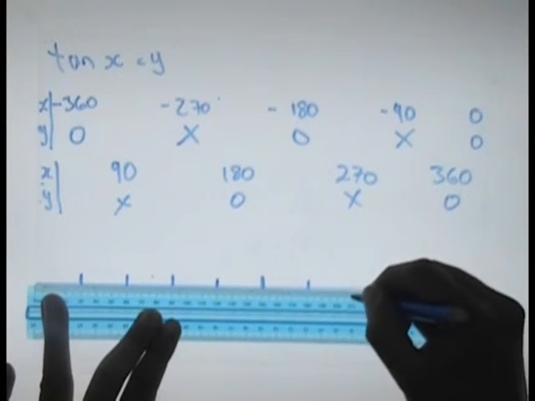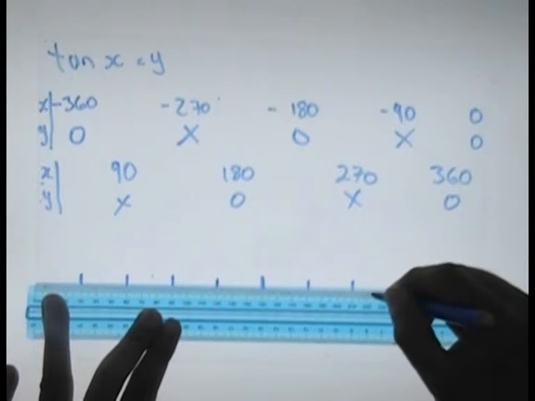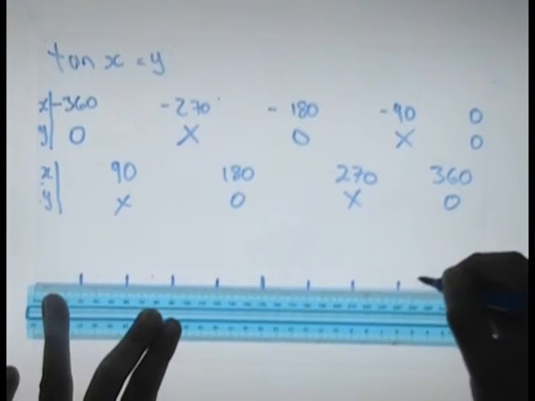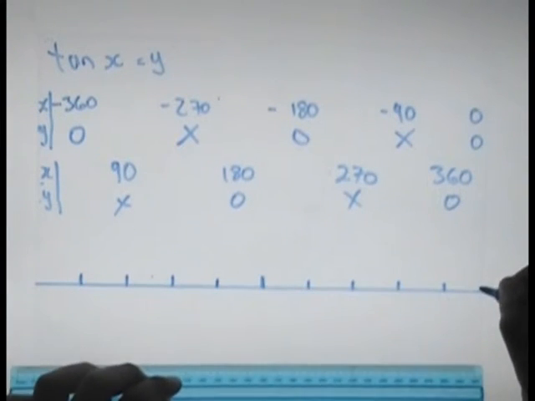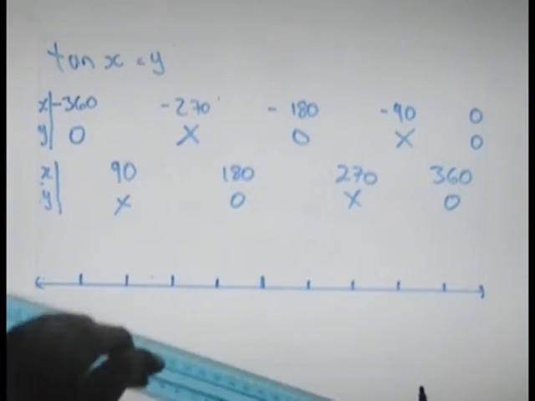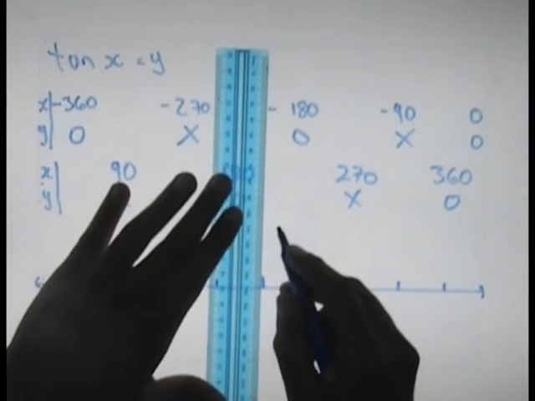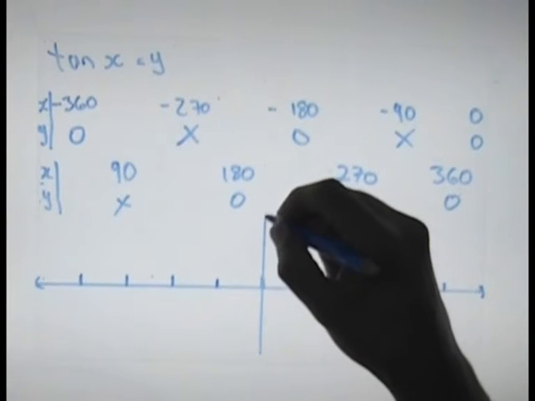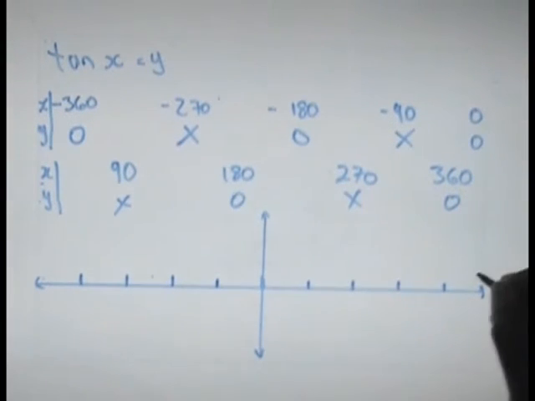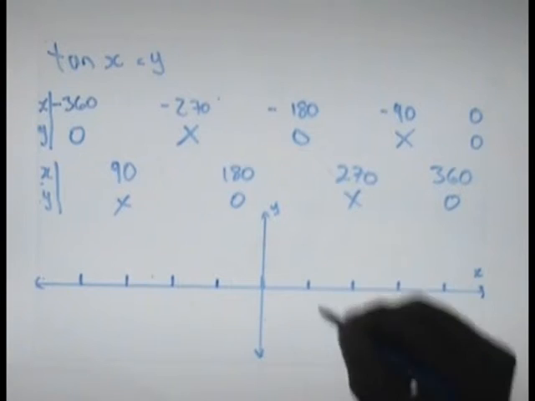Positive 90, positive 180, positive 270, positive 360. And this is our x-axis, this is our y-axis.